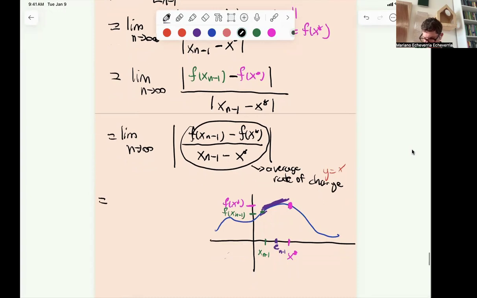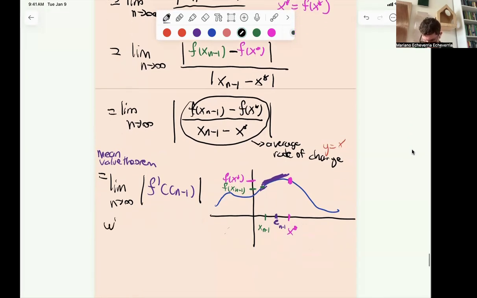And so what the mean value theorem says from Calc 1 is that this is the same as f prime of a number Cn minus 1, where Cn minus 1 has to be between xn minus 1 and x star.